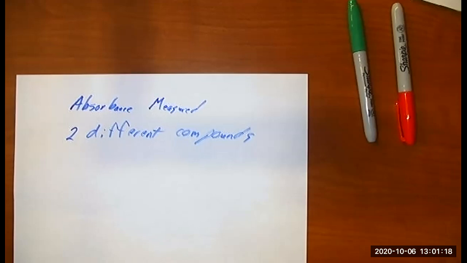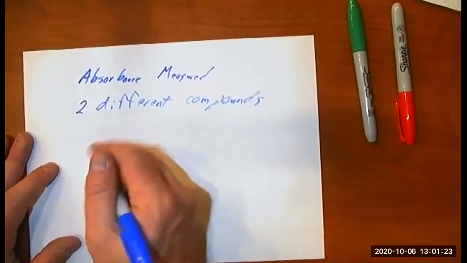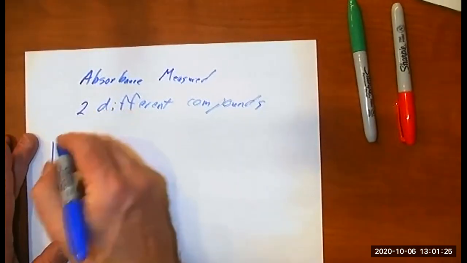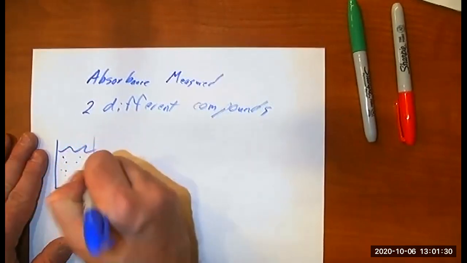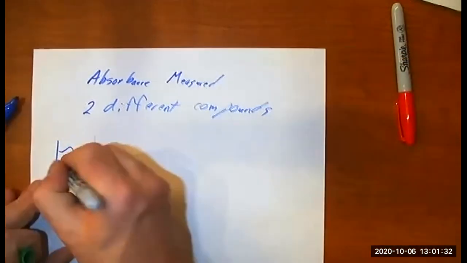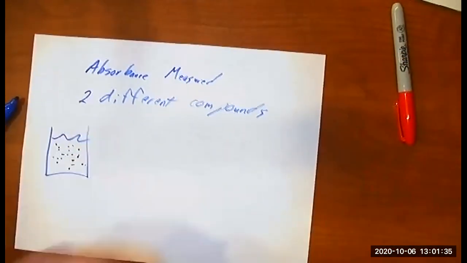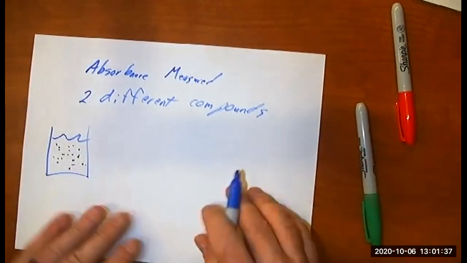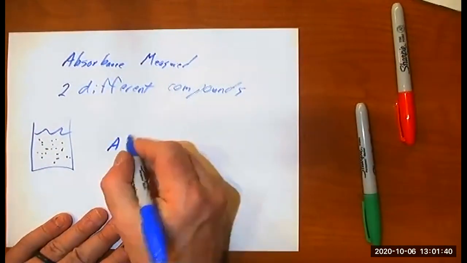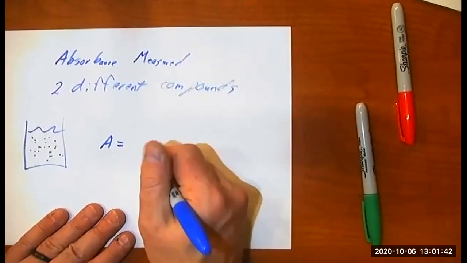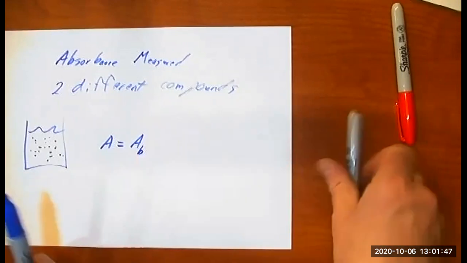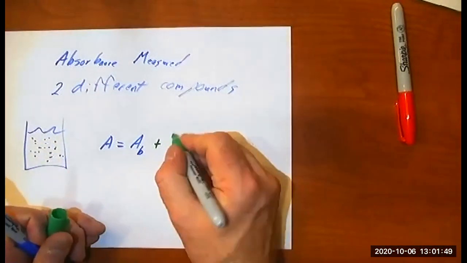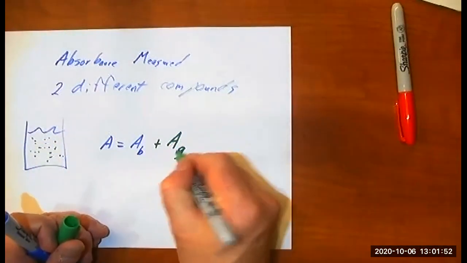All right, so here's the idea. If you have a sample with one solute and another solute in it at the same time, then the total absorption that you get is going to be the sum of the absorption from the blue and the absorption from the green.